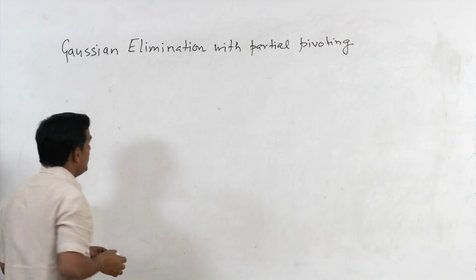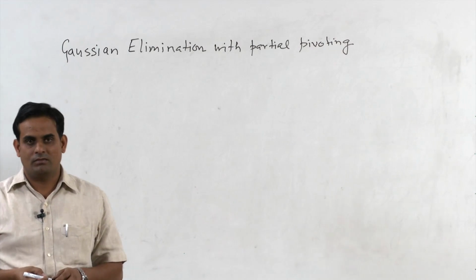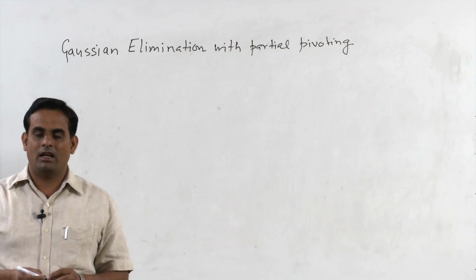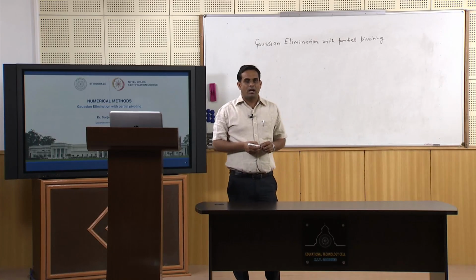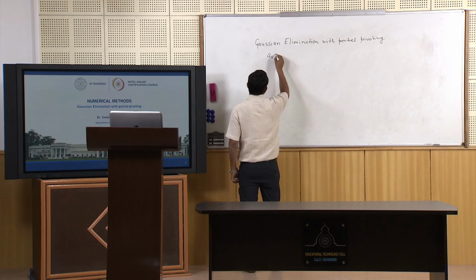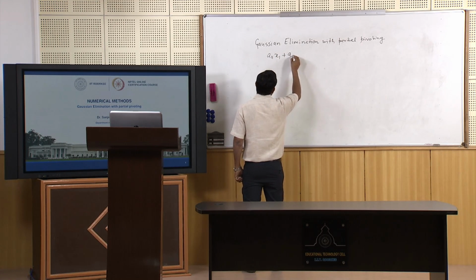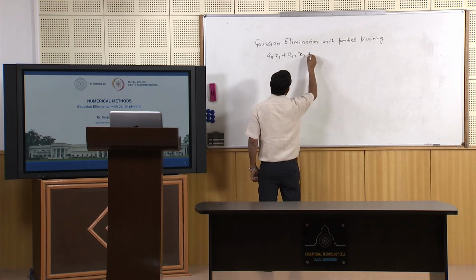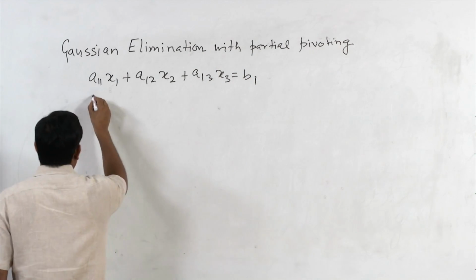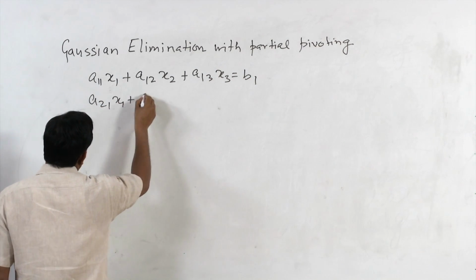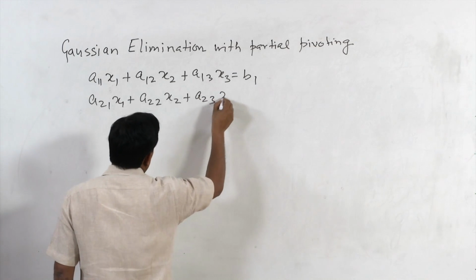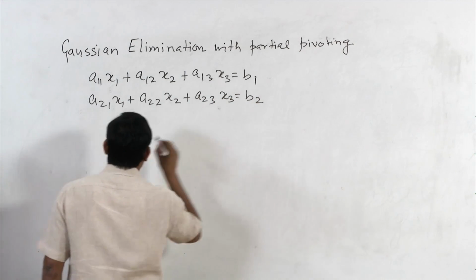So, this is a modified version of the Gaussian elimination procedure, and here we will search for pivot elements and based on that we will perform the elementary row operations. So, again consider a 3 by 3 system having 3 equations with 3 unknowns, that is a11 x1 + a12 x2 + a13 x3 equals b1. This is the second equation, and this is the third equation.